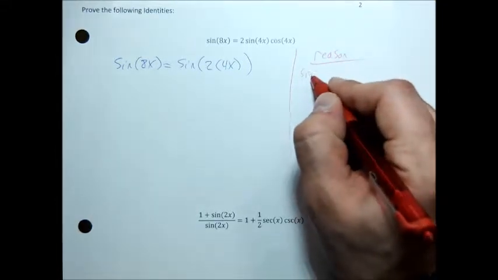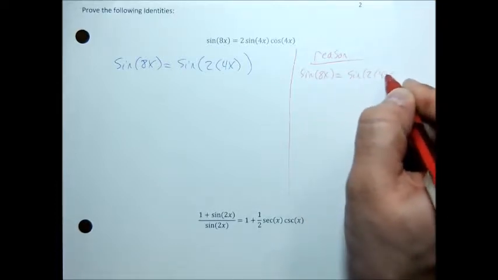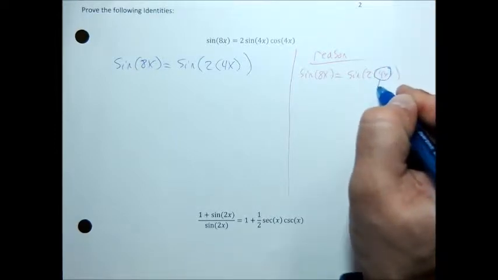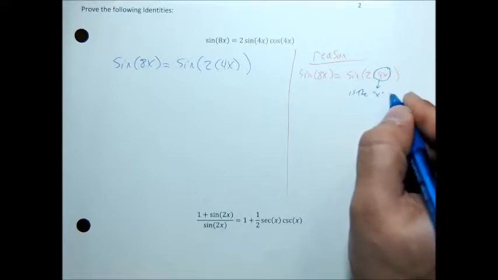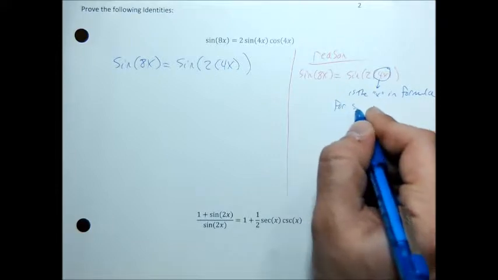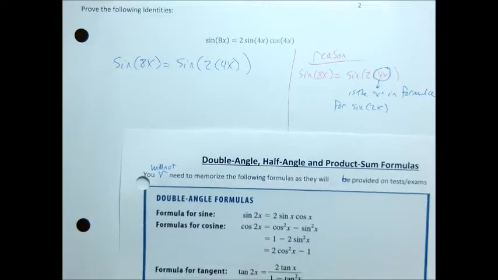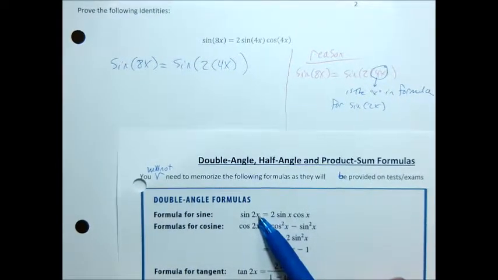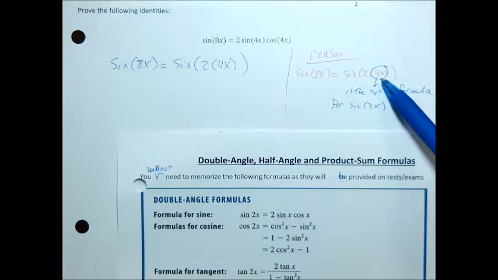So when we write sine of 8x equals sine of 2 times 4x, it's kind of like the 4x is the x in the formula for sine of 2x. Right, let's look at the formula again. Right, the formula tells us what to do when we have sine of 2 times something. So our something in this case, right, sine of 2 times 4x, the something is 4x.